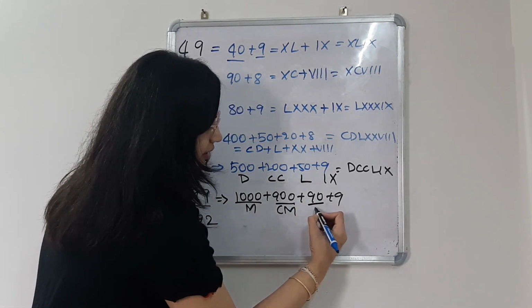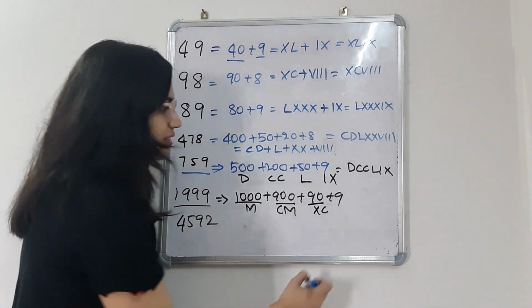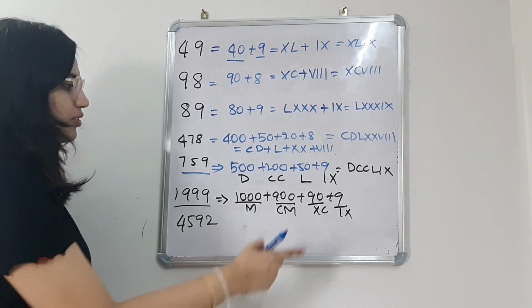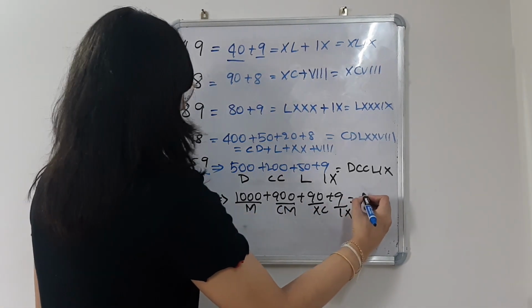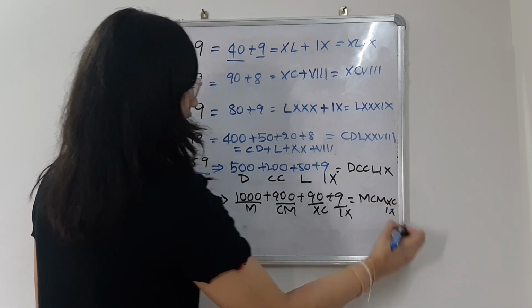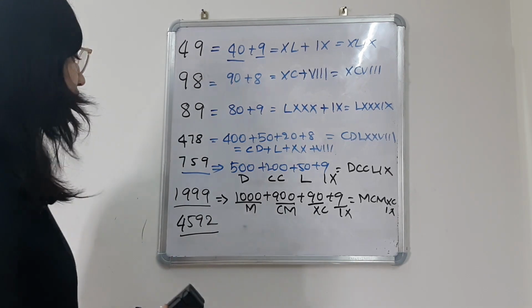What is 90? Can I do it as XC? 100 minus 10. And what is 9? 10 minus 1. So this is nothing but 1999, that is MCMXCIX. Okay, last one, 4592.